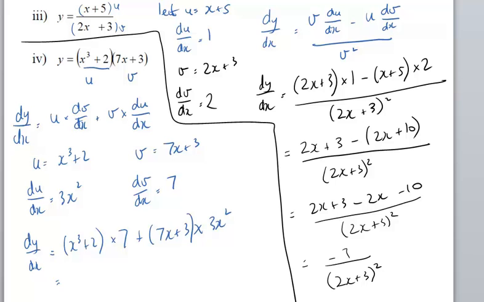So working this through, we get 7x cubed plus 14, plus, so we've got 7x, so 7 times 3 is 21, x, and here x squared, we're getting x cubed, plus 3 times 3 is 9, x squared. So here 21 plus 7 is 28, x cubed, plus 9x squared plus 14.